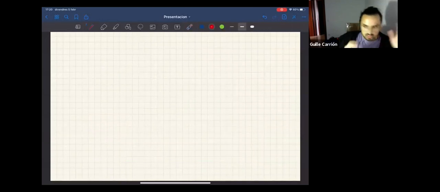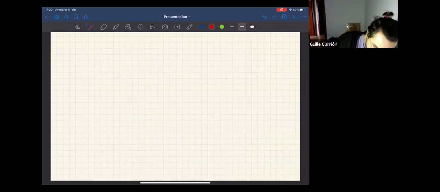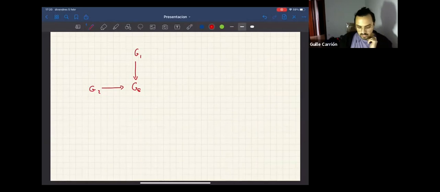The example is example 2. If you have here, for example, G0, G1, and G2, and we put here 0 and 0.